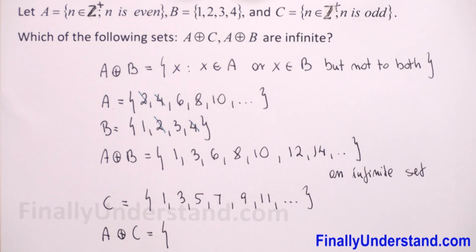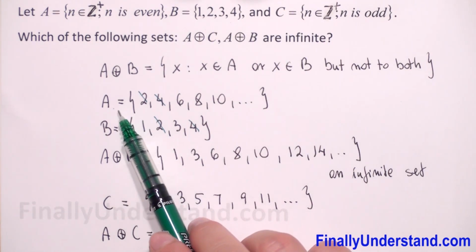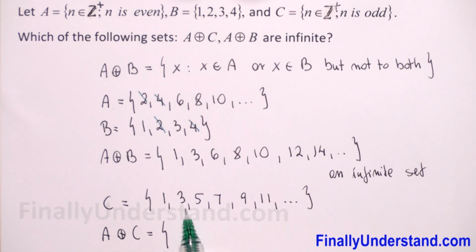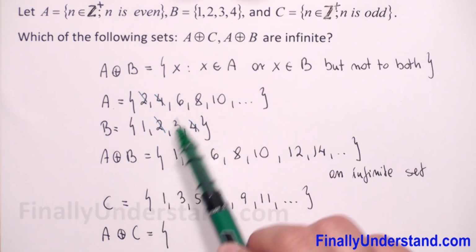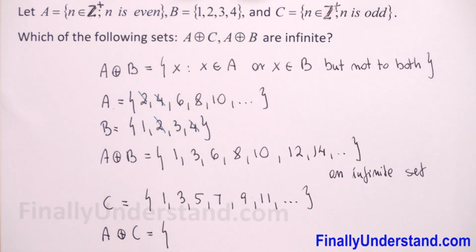So again, let's see, comparing C and A, we see that we don't have 1 in set A, 3 we don't have, 5 we don't have, 7. So we see that these elements are different. So we can copy all these elements.